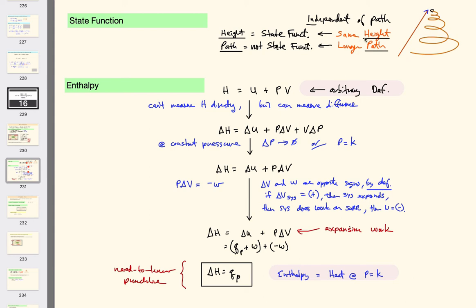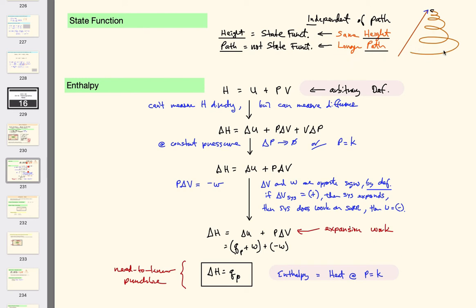It doesn't matter. You're at the same height. It was independent of path. Okay, well, how about something that's not a state function? Well, that's something that is a function of the path. So in this case, the path you take, the walking path, is not a state function.